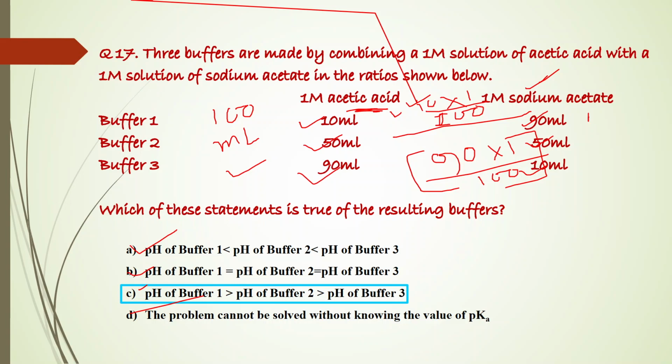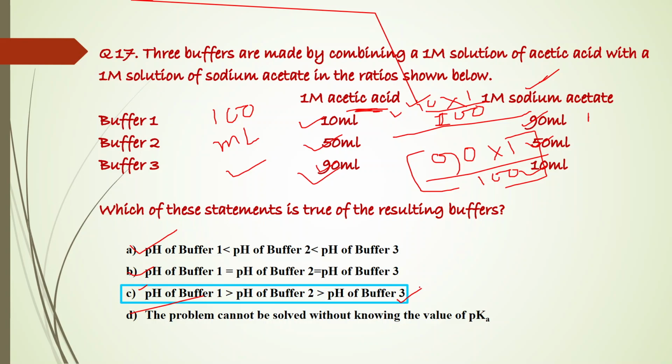So if it has the maximum amount of acid part, the pH should be less for that, because we know for acids the pH is less, for basic the pH is higher. So the third option is correct. I think you all understood it correctly.